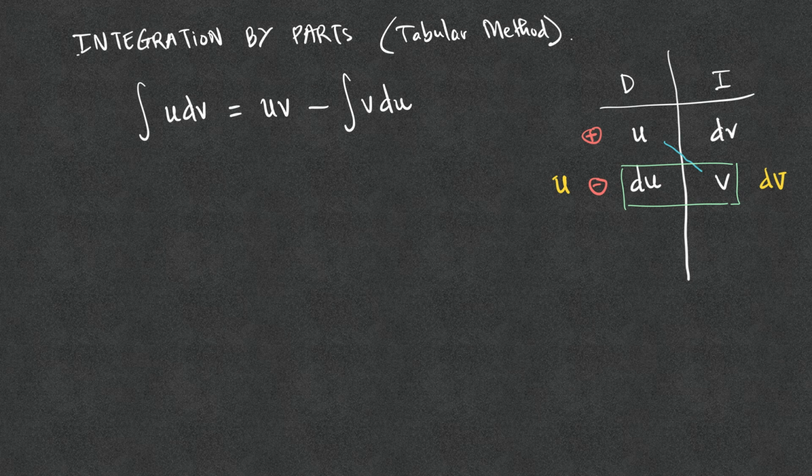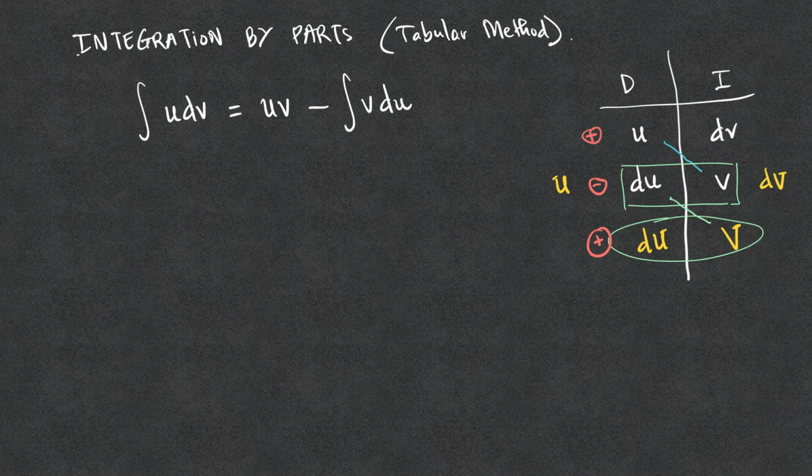Then the derivative of uppercase U is d uppercase U, and the antiderivative of d uppercase V is uppercase V. Then the answer will be the product of u, v, both uppercase, diagonally, minus the integral of v du. And again, we have to alternate the sign: plus, minus, plus.